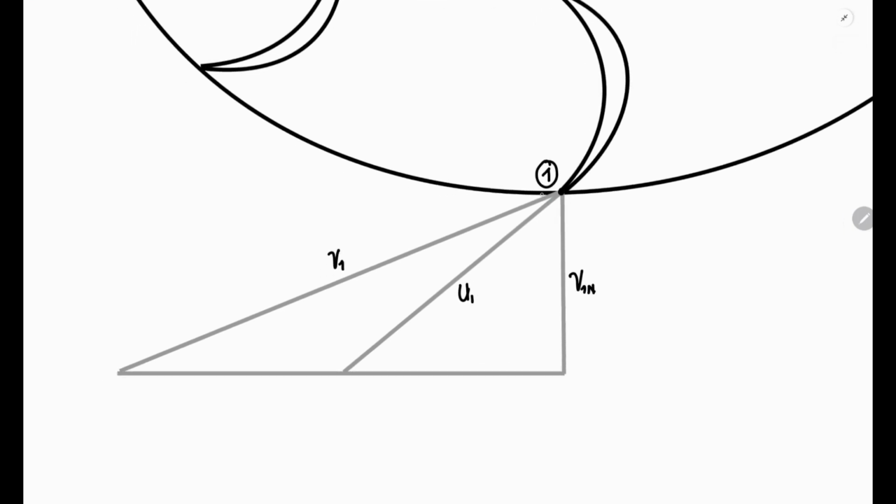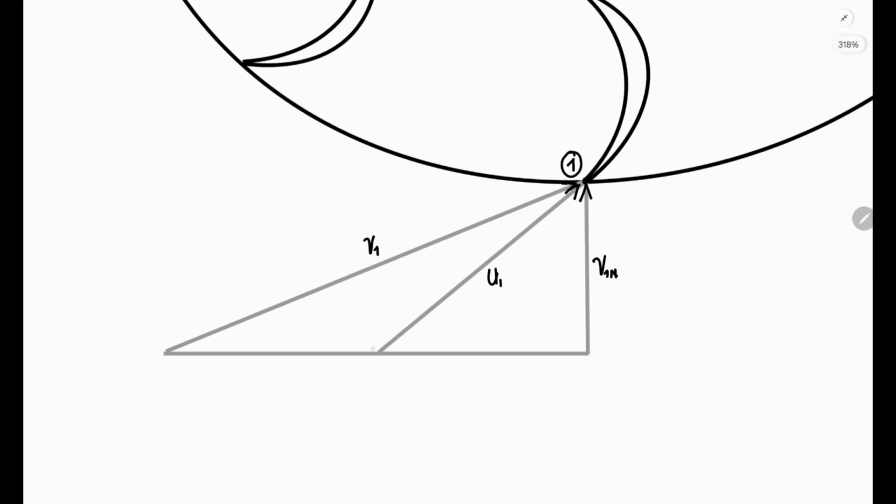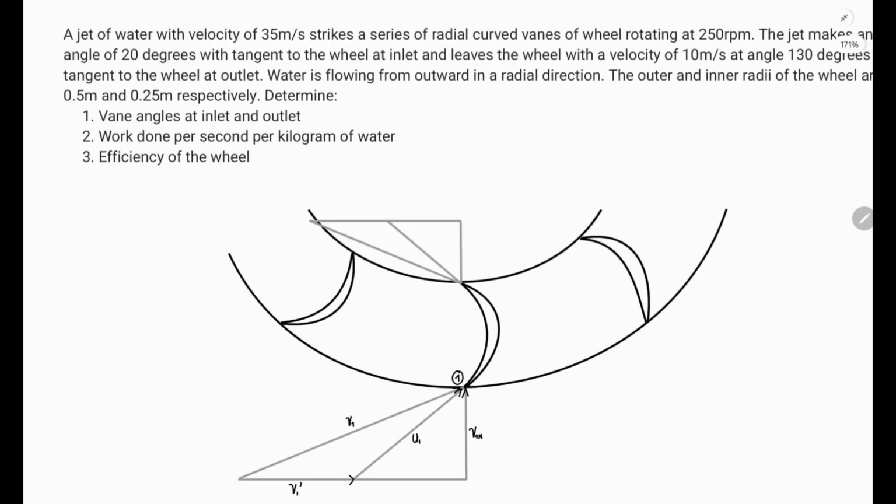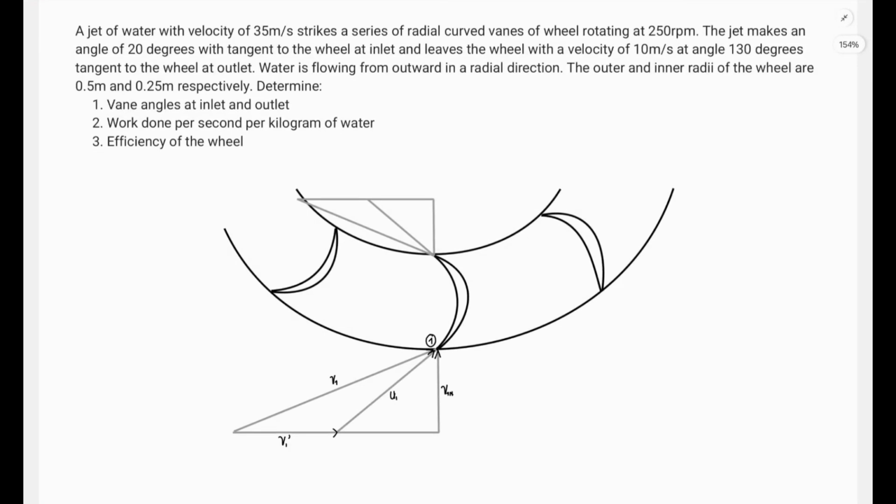So, ang V1 is directed here. And ang U1 is directed also upwards. V1N, directed upwards. And then, yung ating horizontal velocity, this is our V1 prime. So, binigyan tayo ng angle ng jet of water at inlet.